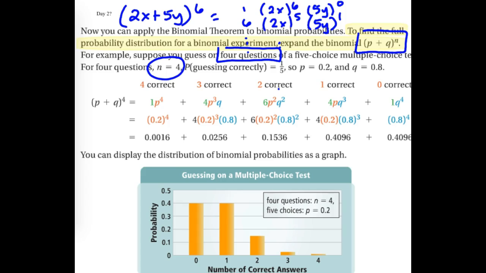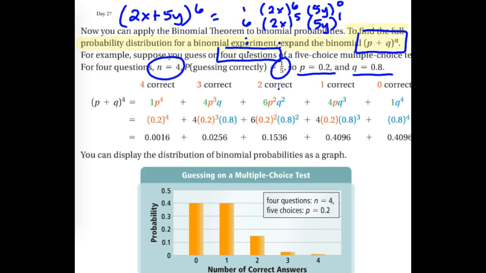That means for every question you have choices A, B, C, D, E, right? You have 5 of them. So the probability of getting it right, if there's 5 to choose from and one of them's right, you have a 1 out of 5 chance of getting it right. Does that make sense? So our probability of success is 0.2, and we said they have to add up to 1, so our probability of failing has to be 0.8.